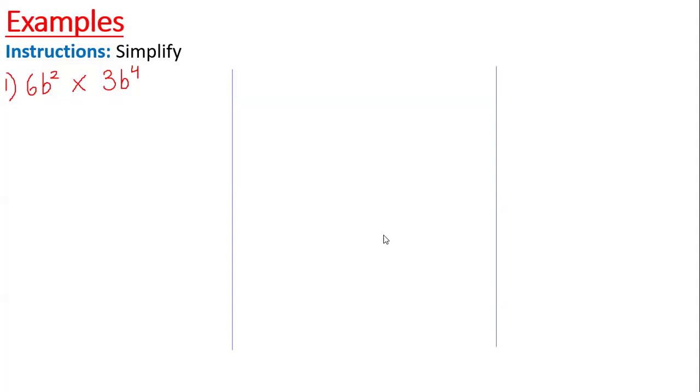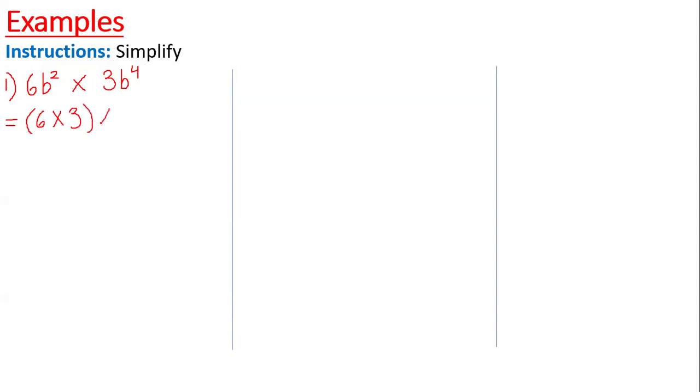Okay. Well, the first thing we're going to do is multiply. We have numbers and we have letters, right? So let's deal with the numbers first. We're going to say 6 multiplied by 3, 6 times 3. We group the numbers, right?